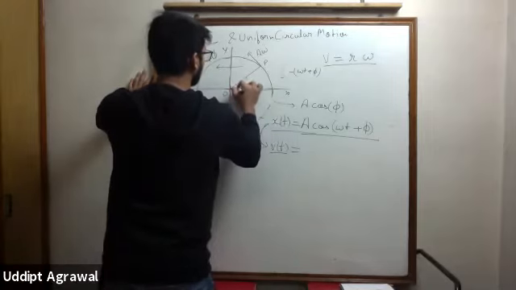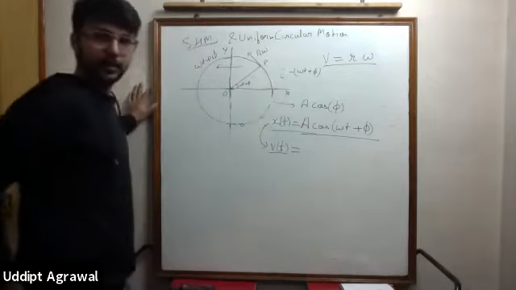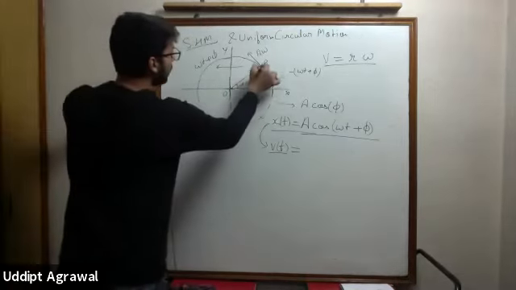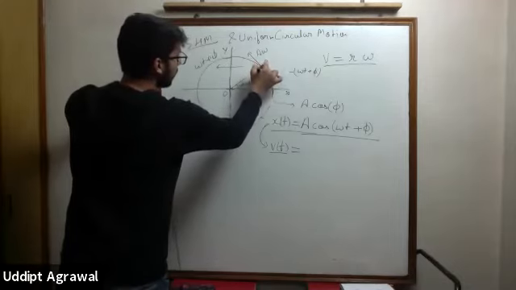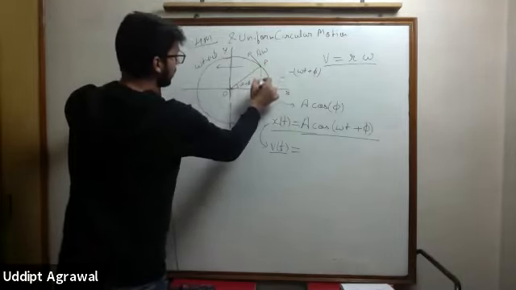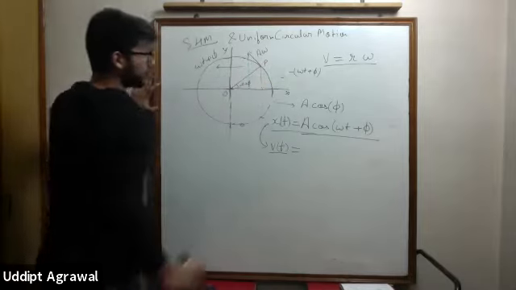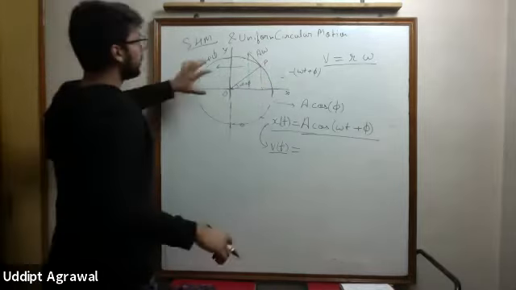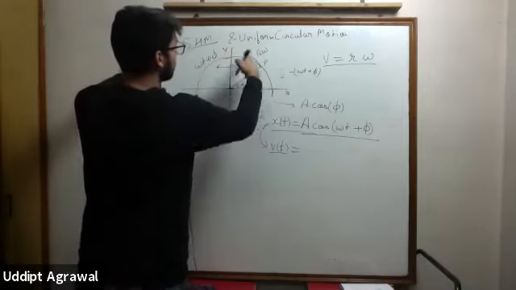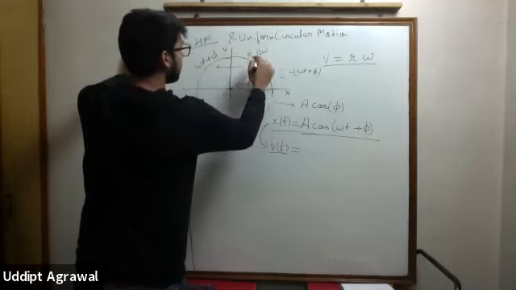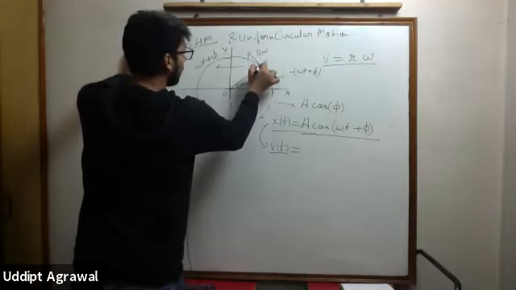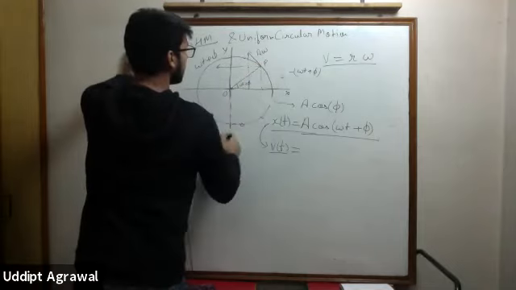And this we are taking as omega t plus phi. Now, the first projection I'm doing is this. The other one is from this. Remember, this is just a vector. Now, I'm also making this line to make it easier.